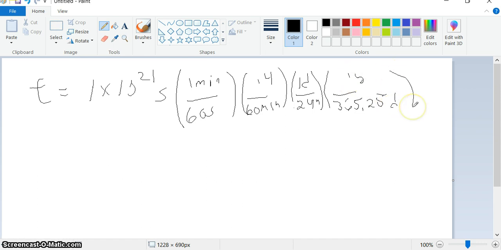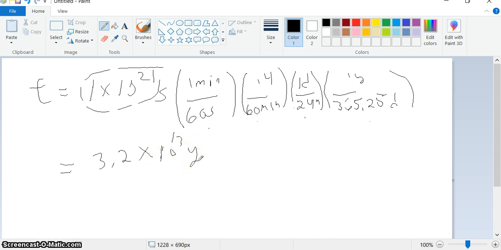So anyhow, you take this number, 1 times 10 to the 21st seconds, divide by 60, divide by 60 again, divide by 24, and then divide by 365.25, and you get the answer to this problem number 6, which is 3.2 times 10 to the 13th years.